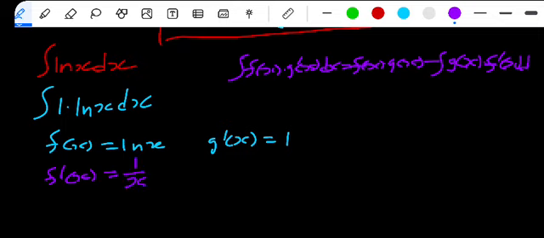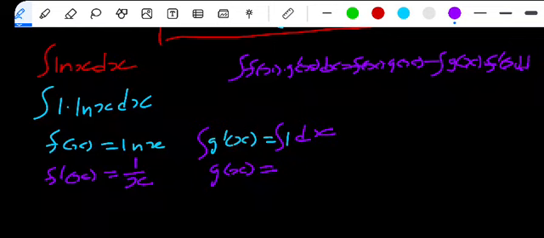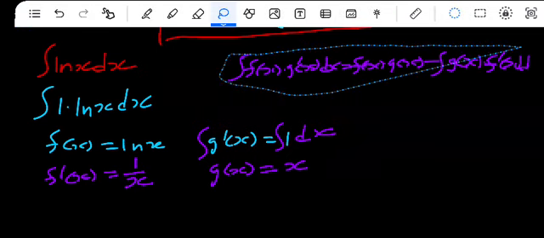Then I integrate both sides, and g of x will give me what? If you integrate 1, it will be x. We'll simply have x. So we can substitute in our equation.